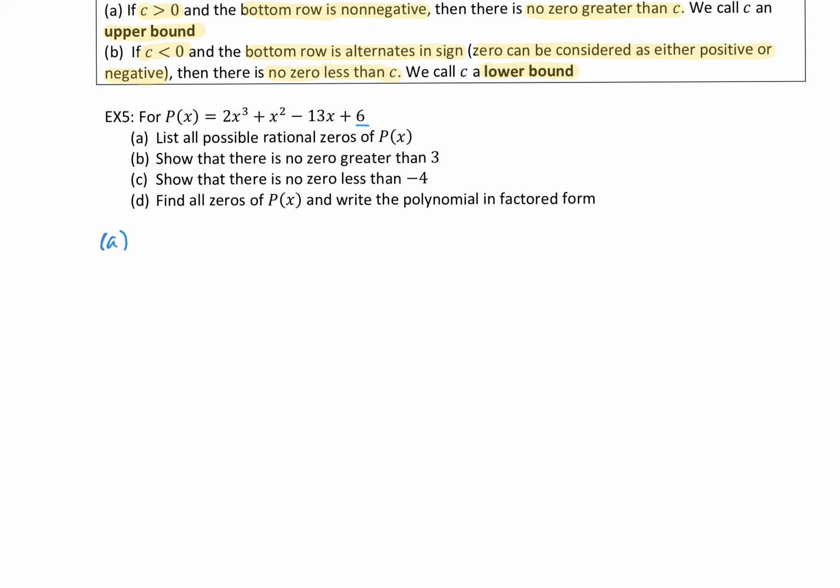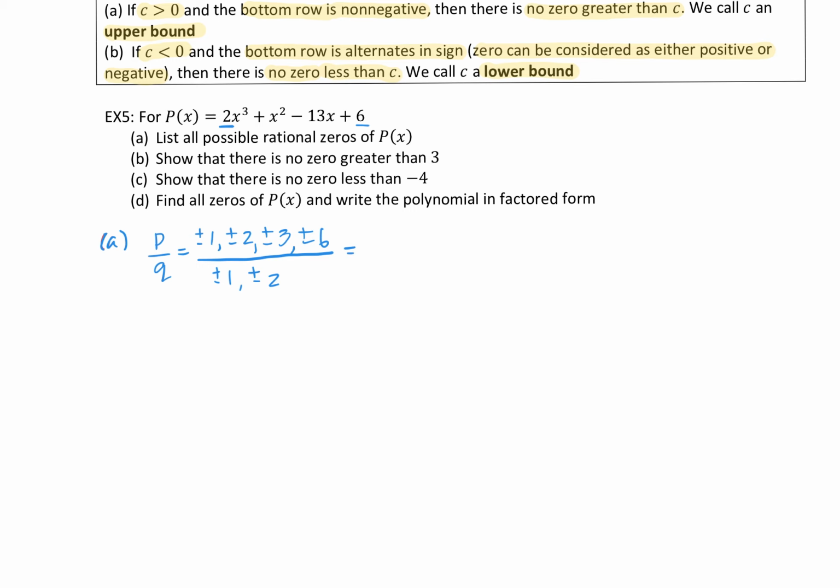So all the factors of 6, that would be our p: plus or minus 1, plus or minus 2, plus or minus 3, plus or minus 6. And on the bottom, we're going to look at all the factors of the leading coefficient 2, which would be plus and minus 1, plus and minus 2.